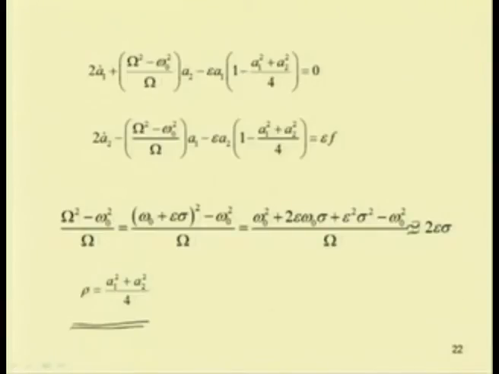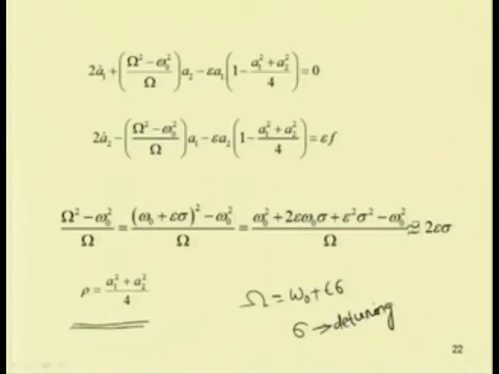We are using a detuning parameter to express the nearness of the external excitation to the natural frequency. If it is very close to the natural frequency, then this σ will tend to 0. So, we are writing ω, the external frequency, equal to the natural frequency plus εσ, where σ is known as the detuning parameter.